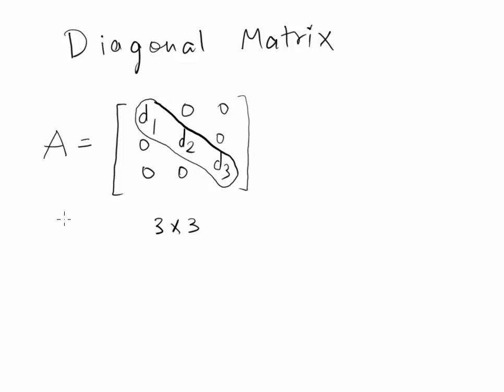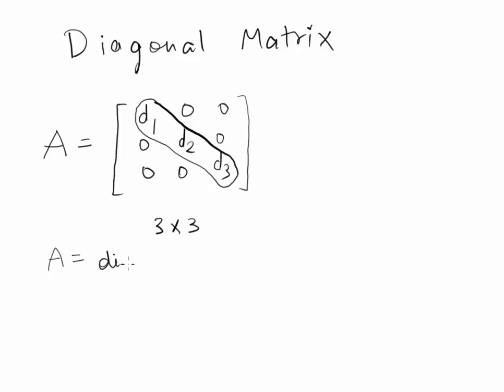So let me show you one more notation for representing a diagonal matrix. And by the way, it can be a 2 cross 2 diagonal matrix, it can be a 4 cross 4 diagonal matrix, and like that. But most of the time we are only going to deal with 3 cross 3 and 2 cross 2 diagonal matrices. So let me show you another notation for representing A. So A can also be written as something like this.